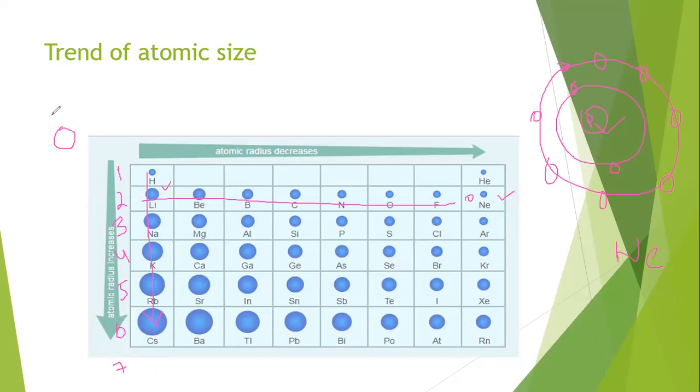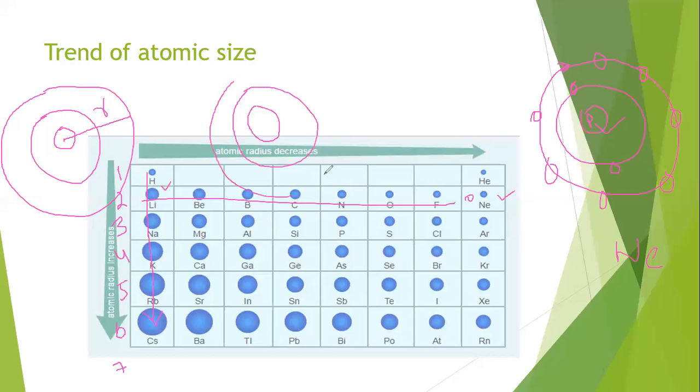If the number of shells are increasing, then you can easily say the atomic radius will increase. For example, this is the atom of lithium. Lithium has 2 shells. So this is the radius, from center to the circumference. For example, this is the sodium atom.